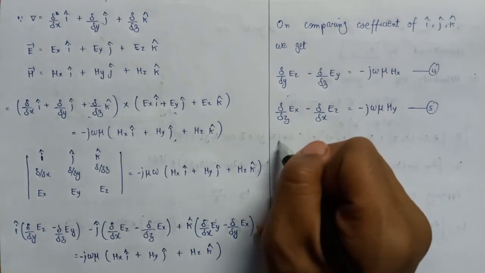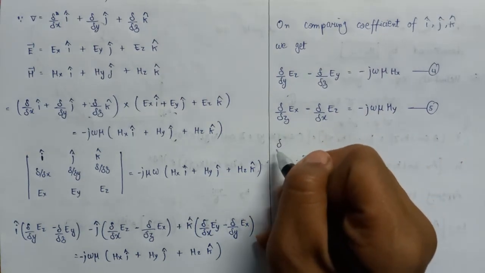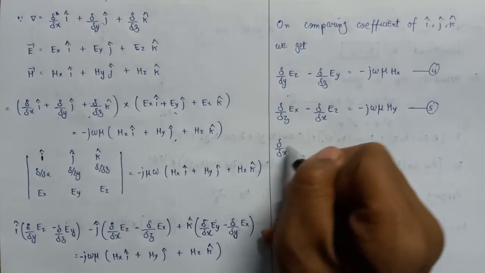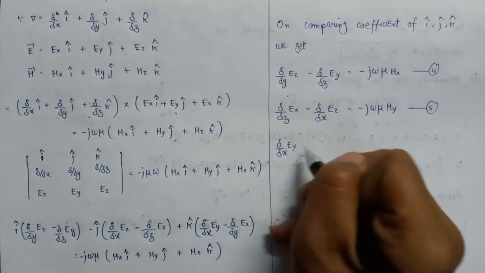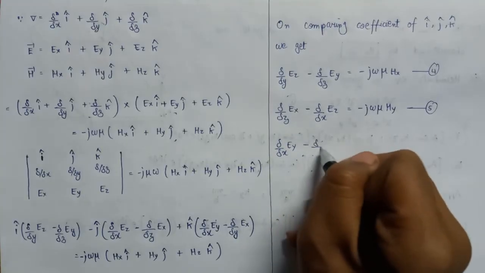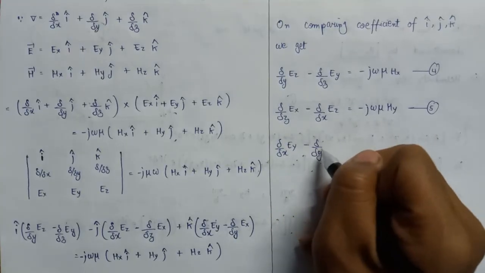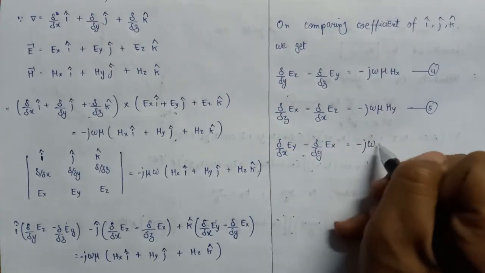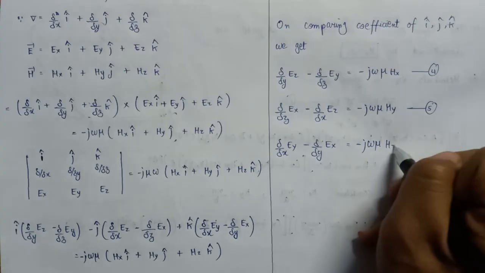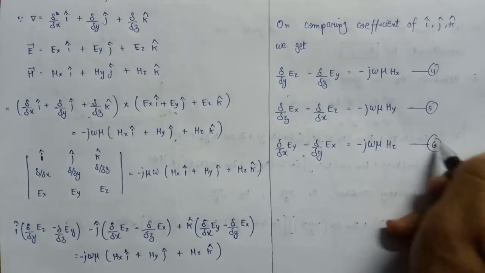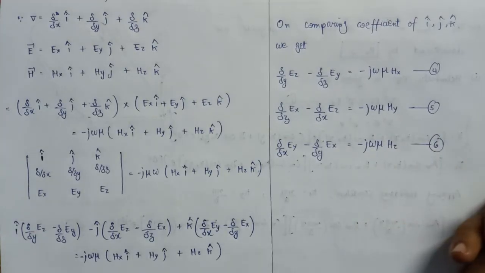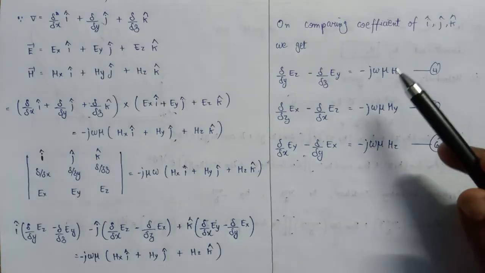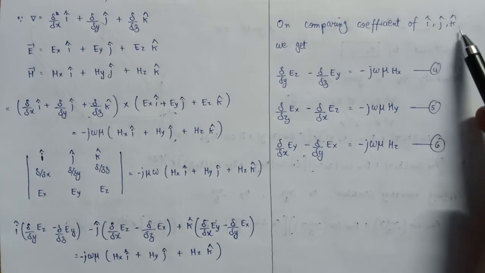Similarly, if we calculate and compare the coefficient of k cap, then it will be del over del x into Ey minus del over del y of Ex, that is equal to minus j omega mu into Hz. This is equation number 6. So these are the 6 expressions that we get after comparing the coefficients of i cap, j cap and k cap.